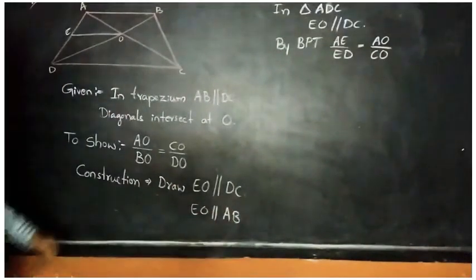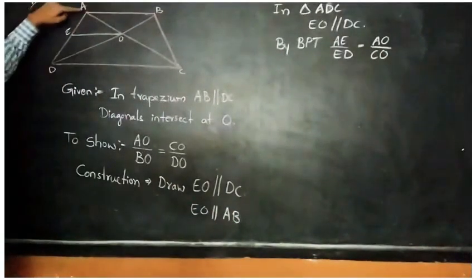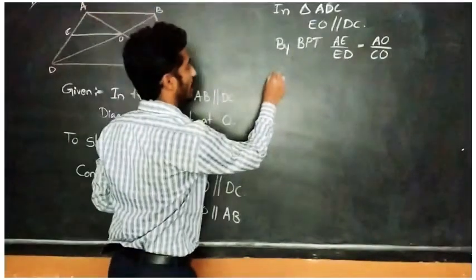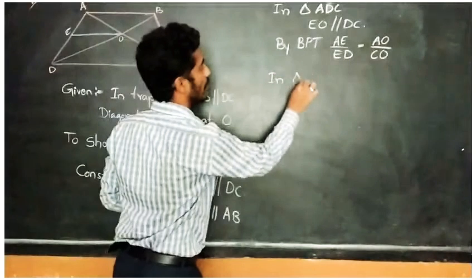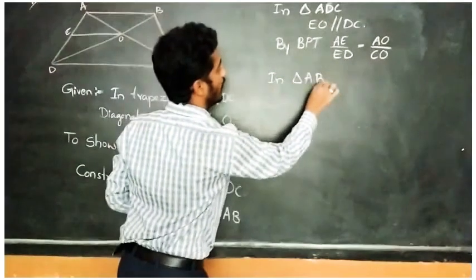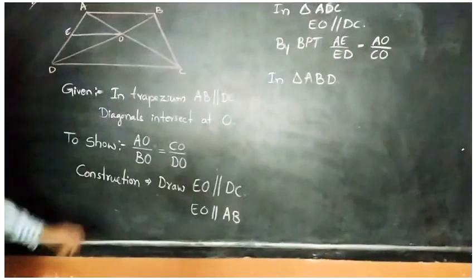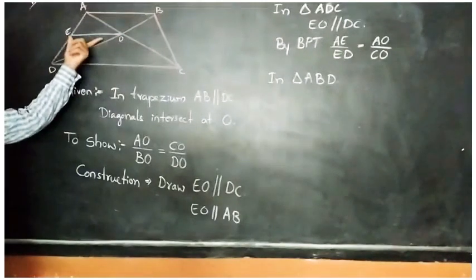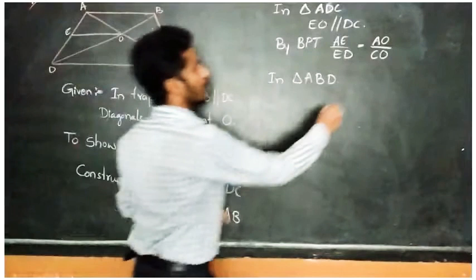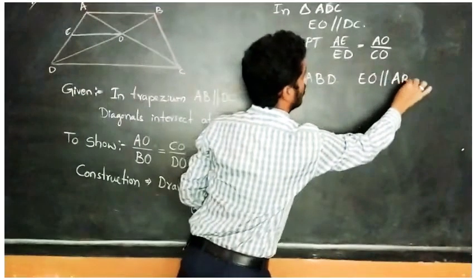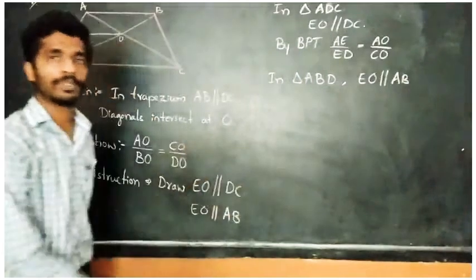Okay, so next, taking triangle ABD. Again, EO is parallel to AB, by construction.